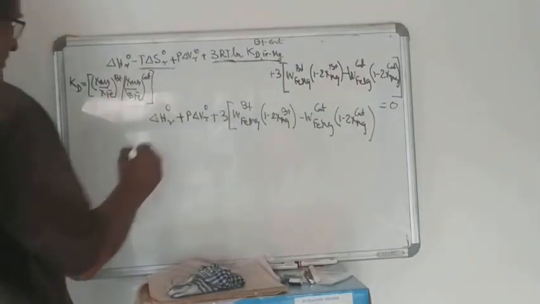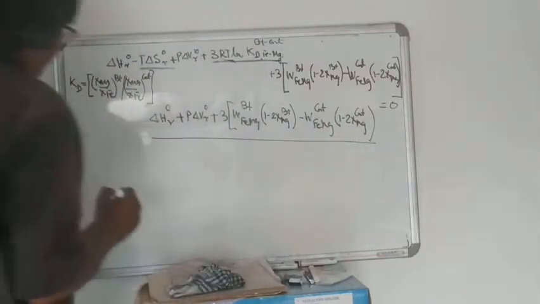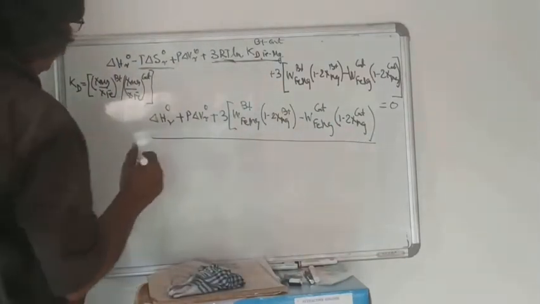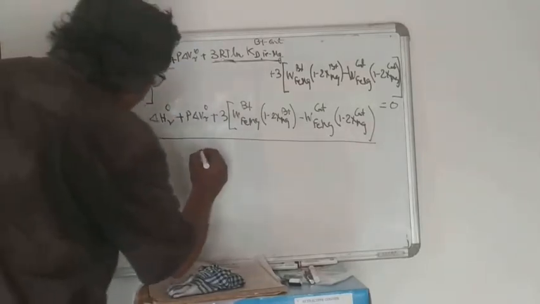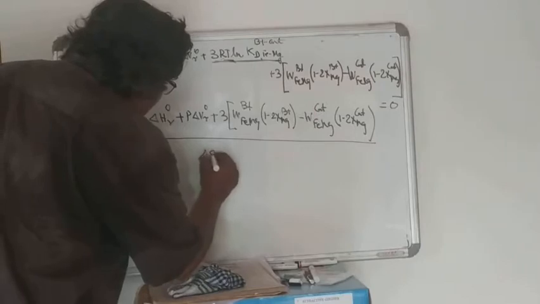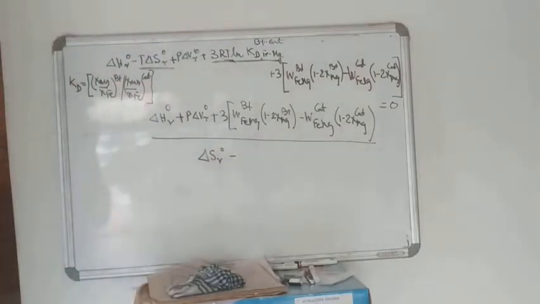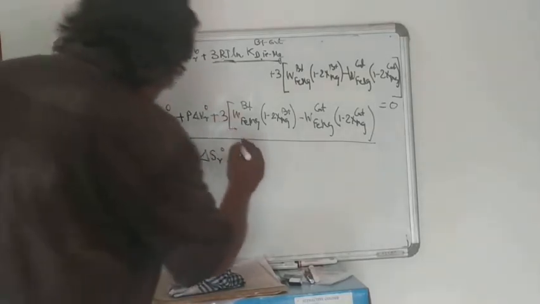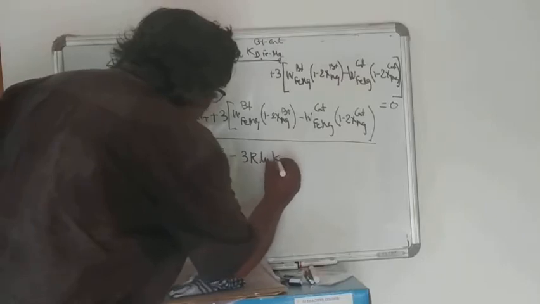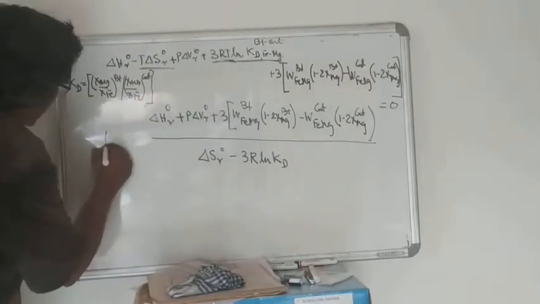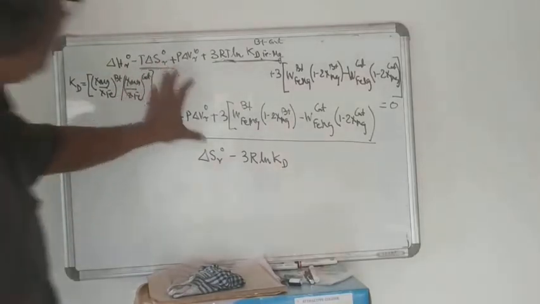But then I can divide it by del S_R0 minus 3R ln Kd, and here I write T is equal. This is my expression.